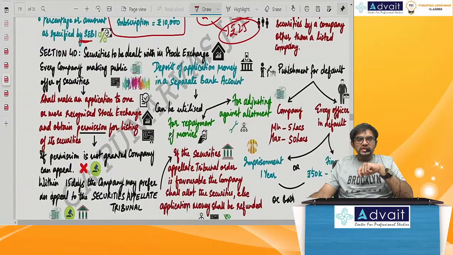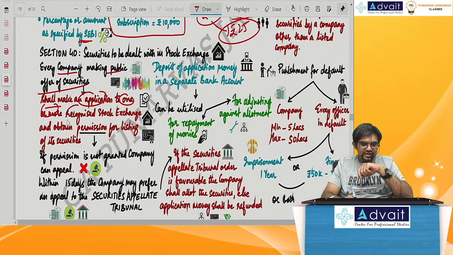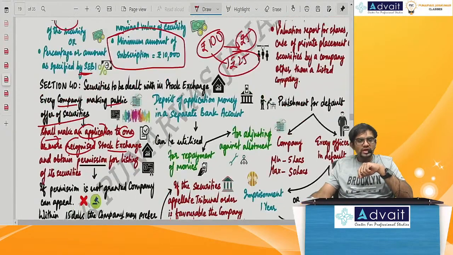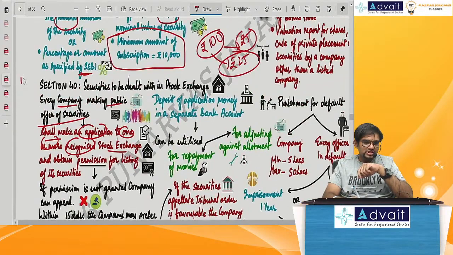So what are the securities to be dealt in the stock exchange? Every company making a public offer of securities shall make an application to one or more registered recognized stock exchanges. In India, guys, there are only 2 recognized stock exchanges: National Stock Exchange, Bombay Stock Exchange, NSE and BSE.